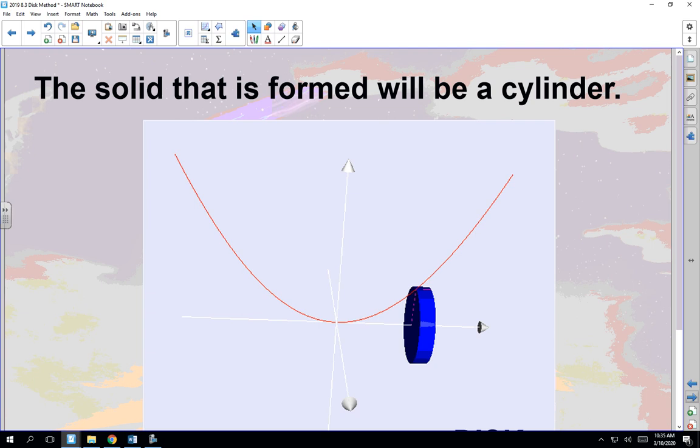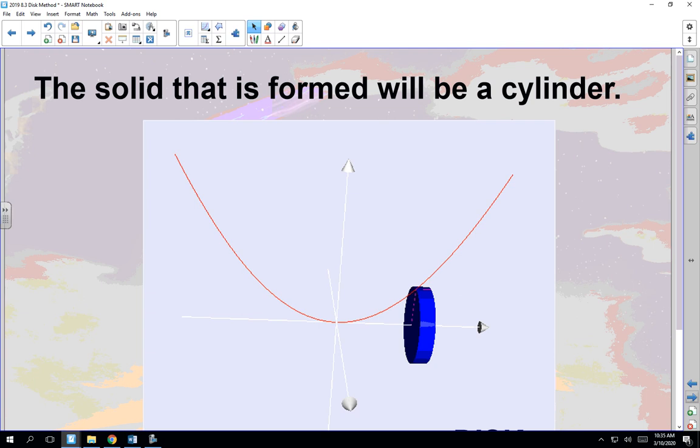Do you guys remember the volume formula for a cylinder? What's the area of a circle? And how many circles do you have stacked up? Height circles stacked up. So it's pi r squared h. It's just taking a Riemann sum. Check this out, guys. What's happening is the radius.